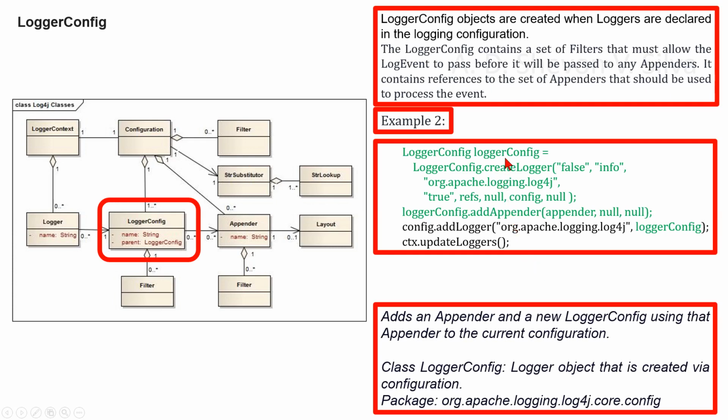Here LoggerConfig, logger objects that are created via configuration. This is in the org.apache.logging.log4j.core.config package.